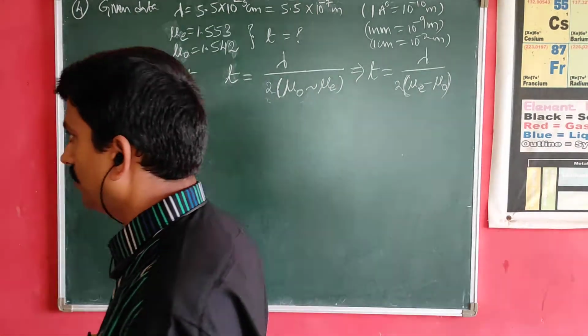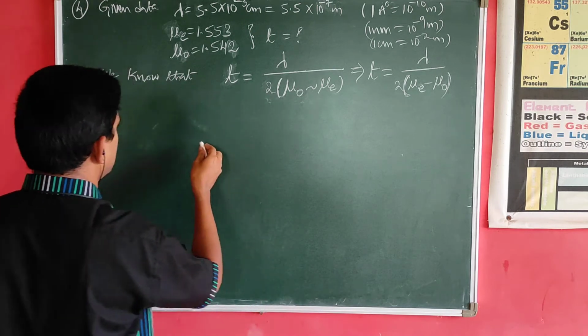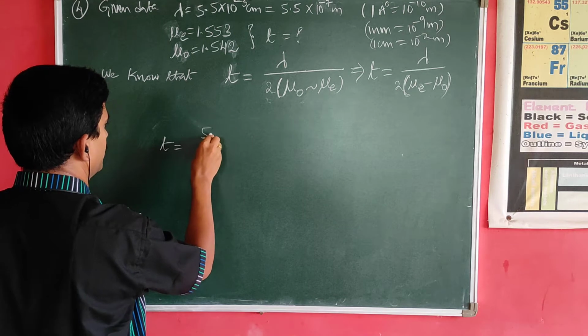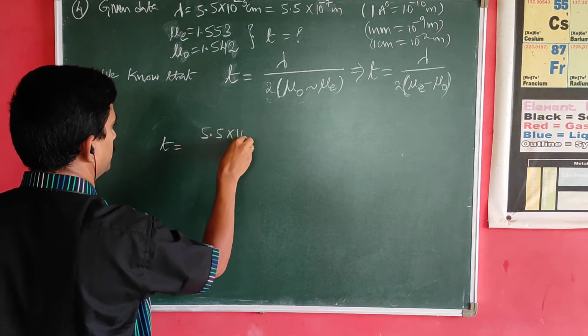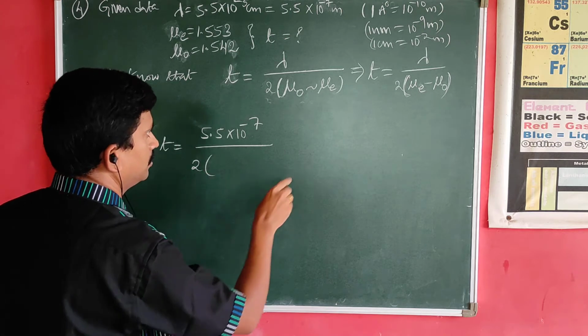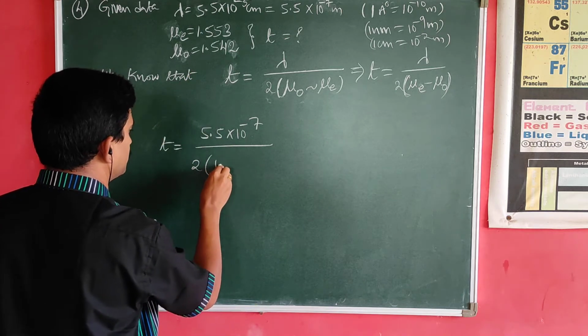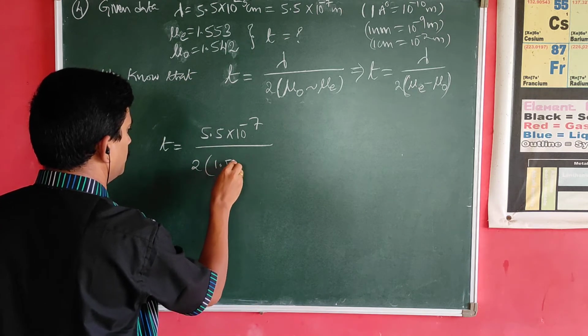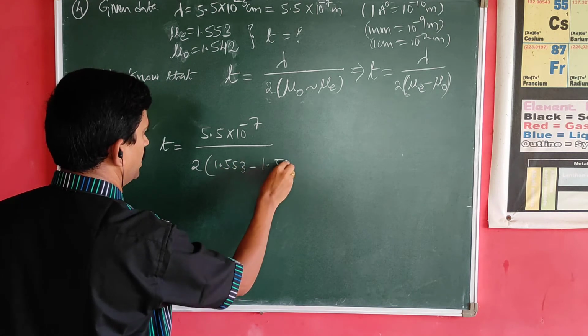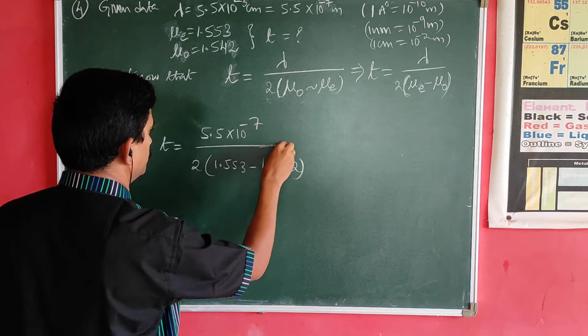That is, thickness T is equal to 5.5 into 10 power minus 7 divided by 2 into mu E, 1.553, minus mu O, 1.542.